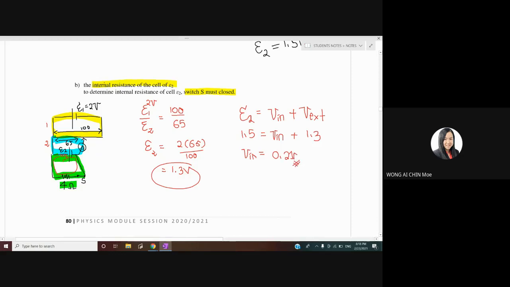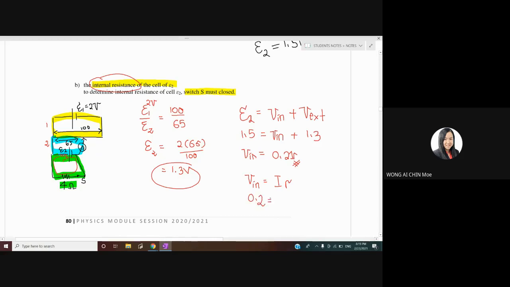But the question says they want to measure the internal resistor, not the internal voltage, not the potential difference. So we need to find V internal equals I R internal. So 0.2 equals I R internal.